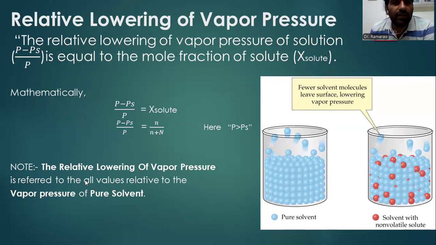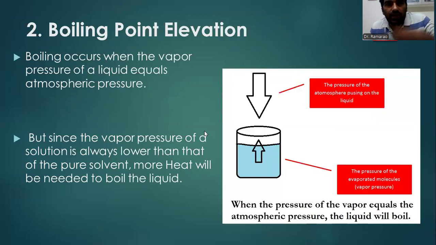So relative lowering of the vapor pressure refers to all values relative to the vapor pressure of the pure solvent. Pure solvent molecules leave the surface, lowering the vapor pressure. In pure solvent, nothing blocks, so the vapor pressure is higher than with a non-volatile solute.